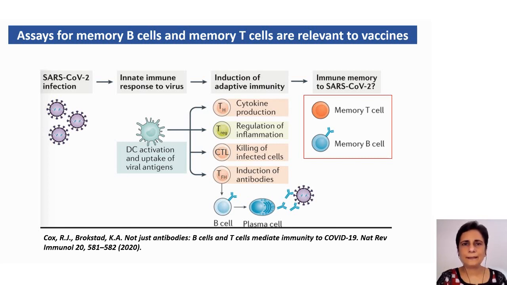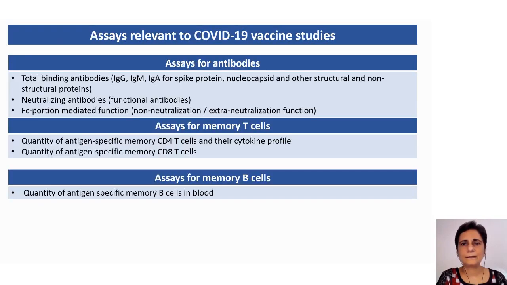If we examine the assays that are needed, therefore, the assays are for antibodies, they are for memory T cells and for memory B cells.